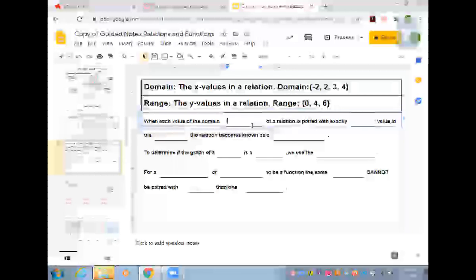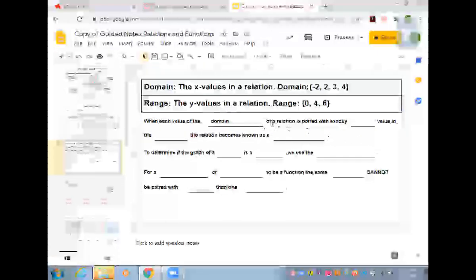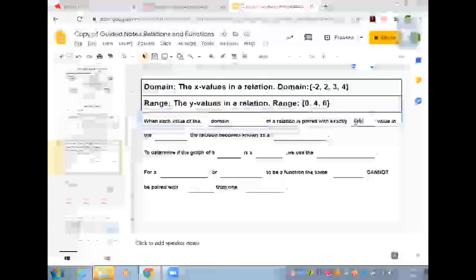So we say when each value of the domain of a relation is paired with exactly one value in the range.